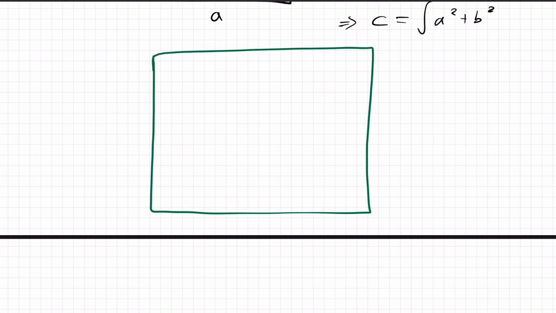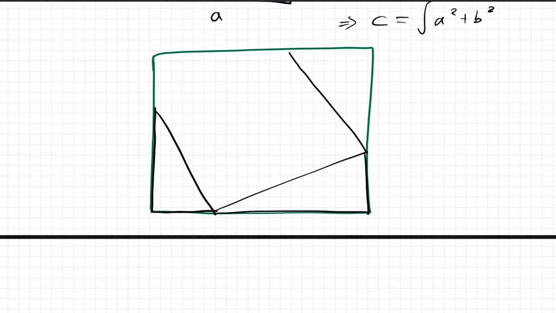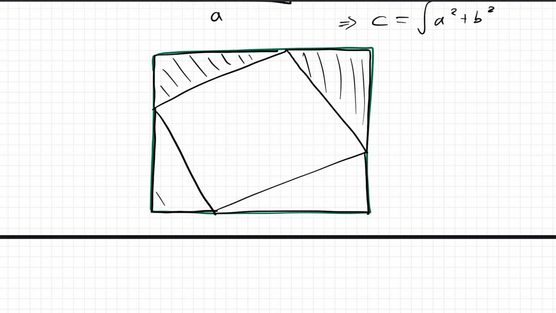Since they're all identical, it's all going to match up in the end, but my drawing might not. So let's just imagine all of these triangles are identical. Alright, so here are our four triangles. There's one, there's two, there's three, and there's four.